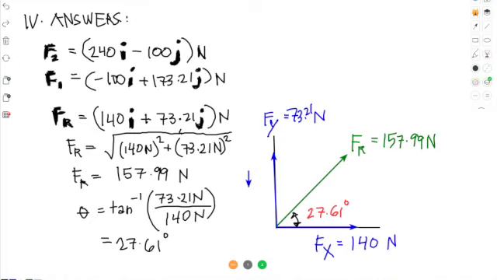So if we are going to be asked what is the resultant of these two forces, this should be our final answer. It should be a drawing, since we're looking for vectors, we want to see the magnitudes as well as the direction and the line of action. That's why our answer should be this drawing.